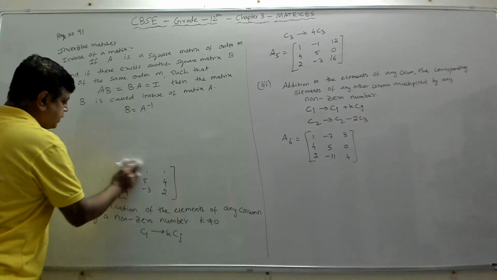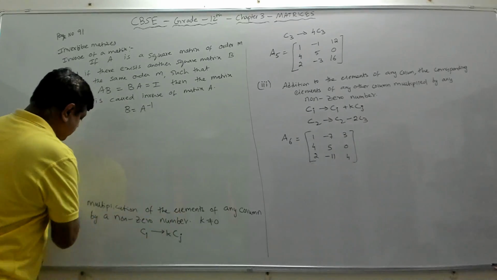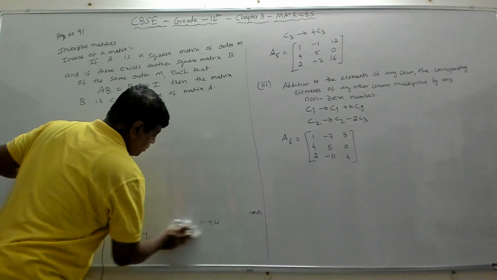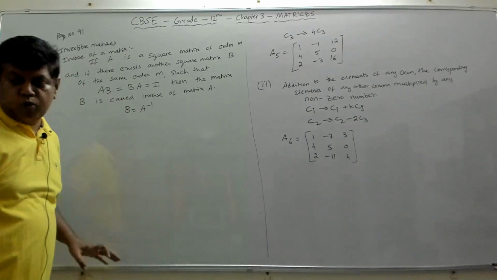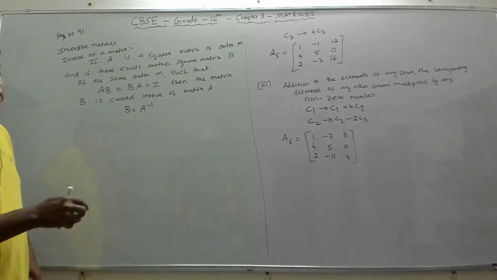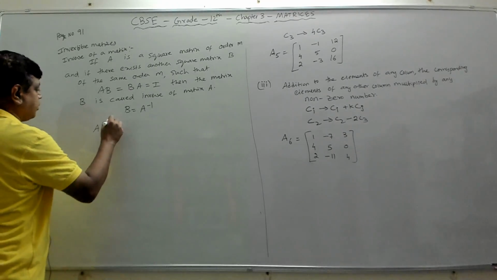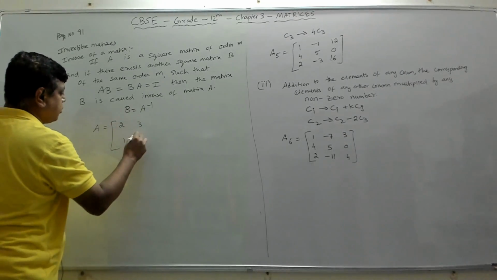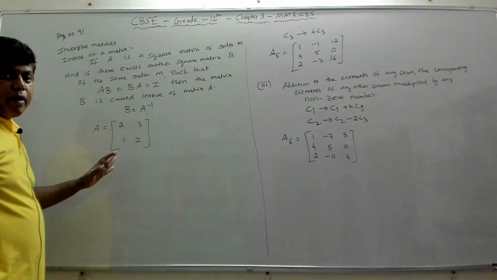Now I will give you one example to understand this definition. I'm going to the same example given in the book. Matrix A is [2, 3; 1, 2]. It has to be a square matrix. That is very important.